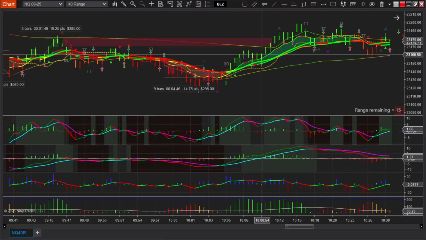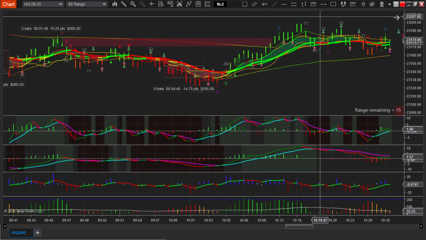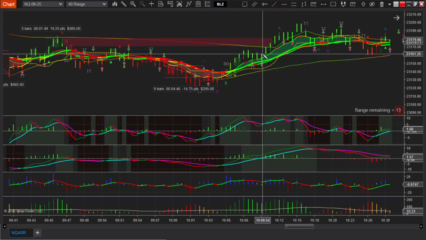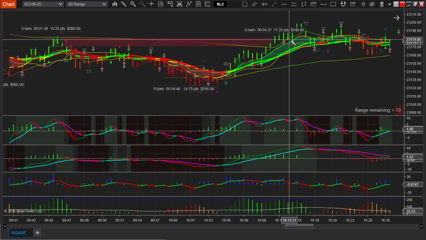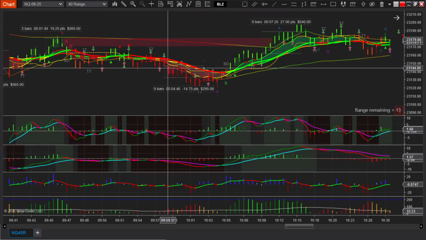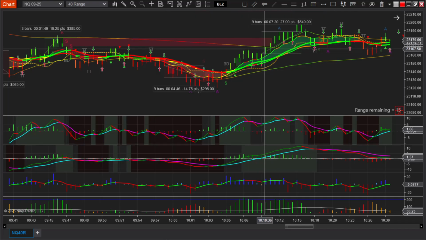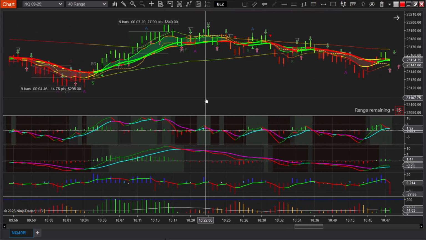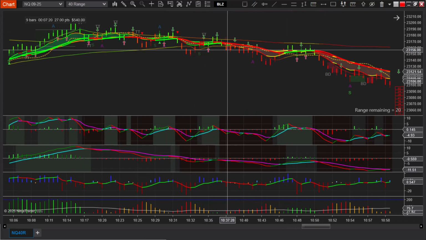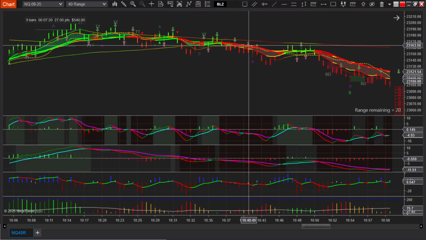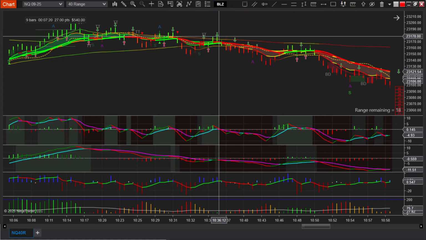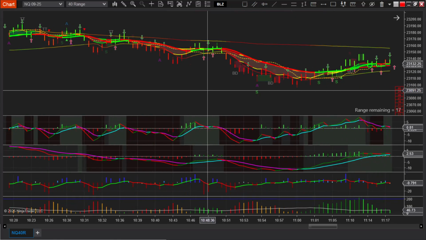Okay. This here is pushing up here. All right. I think you get the idea. I believe I gave you this scalping indicator. I'm not sure.